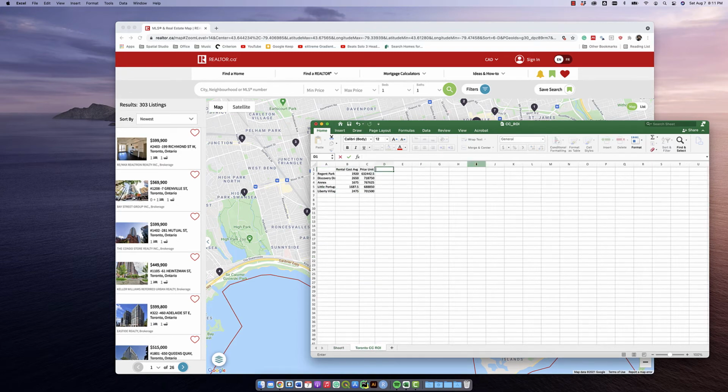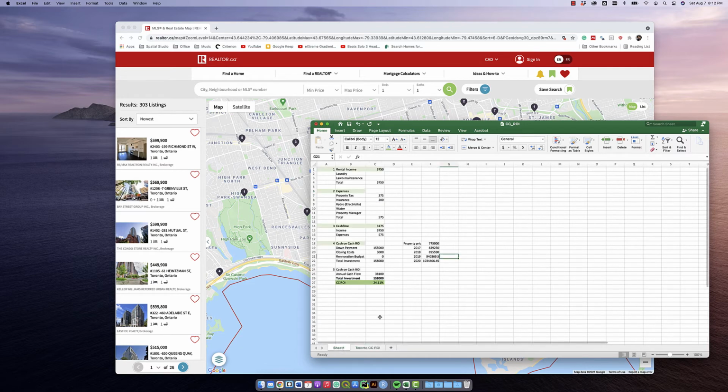So the expenses would be maintenance fees, and about 200. Let's certainly keep it constant over the ones that we saw. I think probably Liberty Village would be a bit more expensive. The Annex, and let's say Little Portugal, a bit cheaper. I'm just guessing. So let's do it like that.